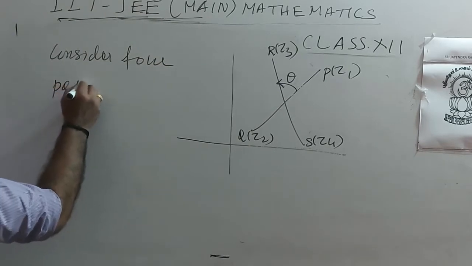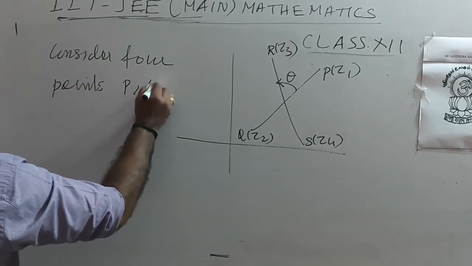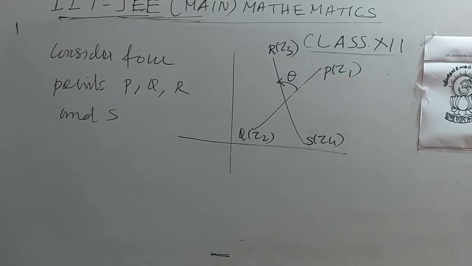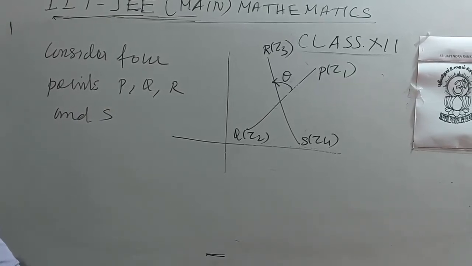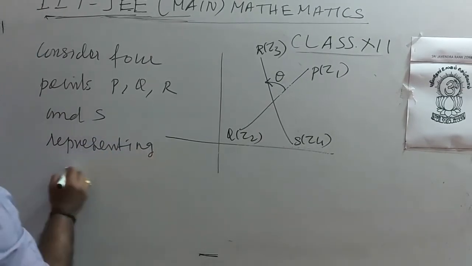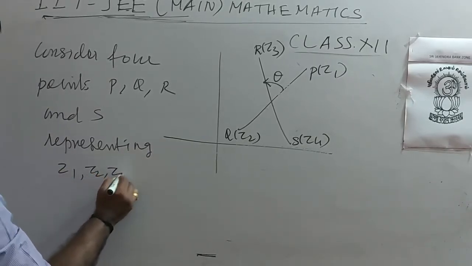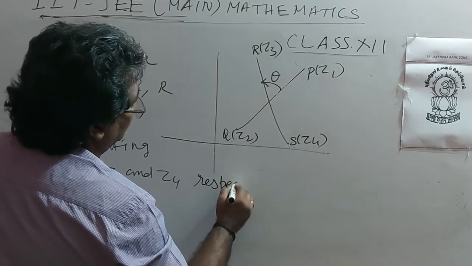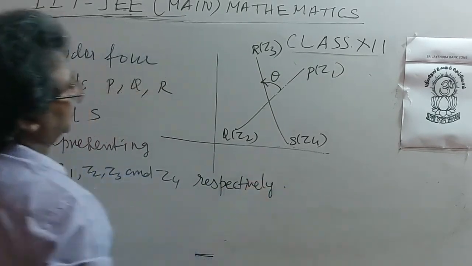Consider 4 points P, Q, R and S representing Z1, Z2, Z3 and Z4 respectively.